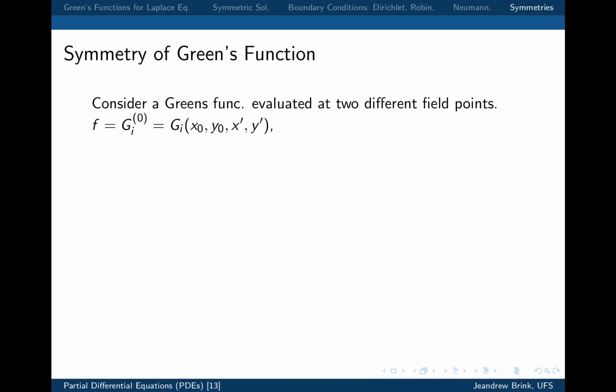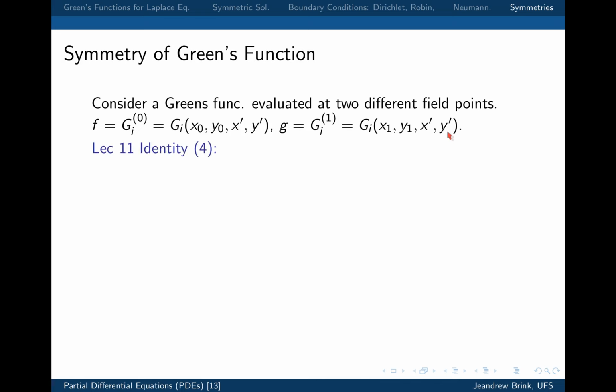The first field point is at x0, and here you have your source point, which is still arbitrary. Then you have a second Green's function, which I'll call G1, evaluated at a different field point with the same arbitrary source point.